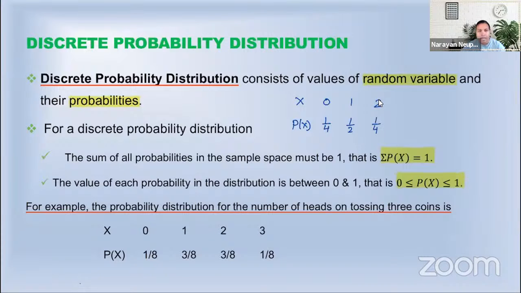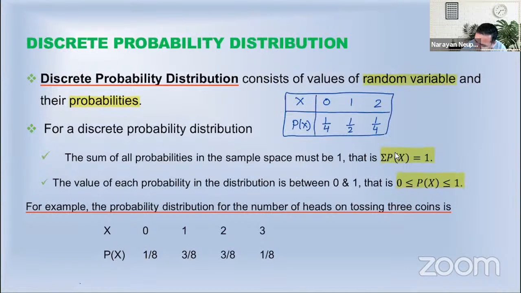So what I have done here is I listed the random variable X, 0, 1, 2, and their probabilities, 1/4, 1/2, 1/4. So this one is a probability distribution. If we have the random variable and their corresponding probabilities, then that is called the probability distribution.